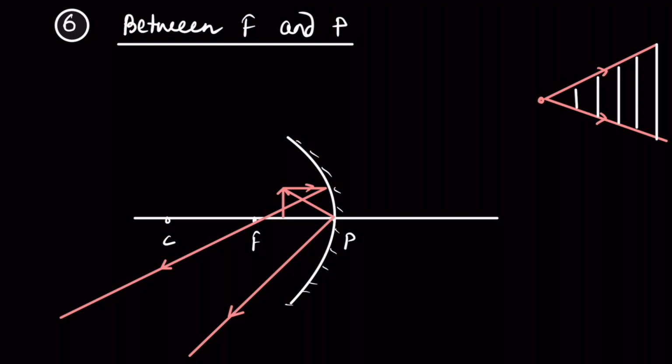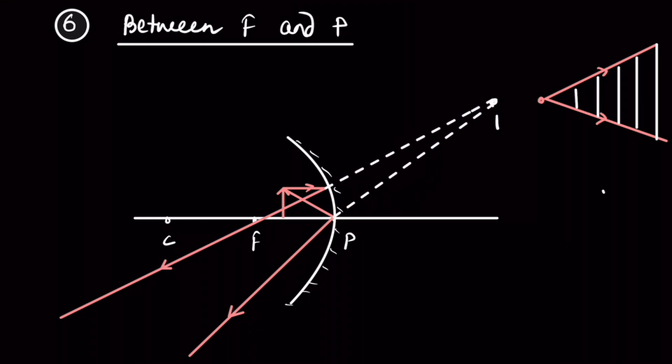So in the same way, if these two rays are diverging, it means there must be some source from where they are coming out. So if we stretch this incident and reflected ray backward, here is our point, let's assume it as O. Here our image is formed.